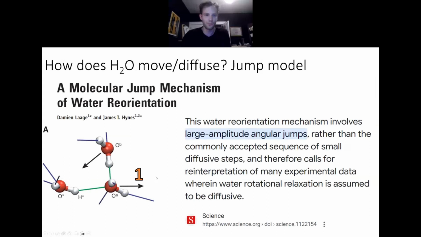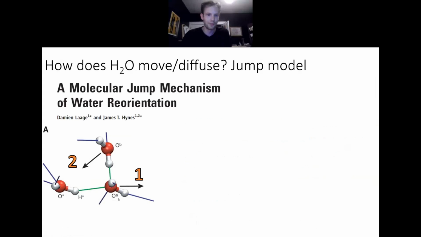So if this molecule, or water molecule OA, is trying to diffuse to the right, then the mechanism that they pose is that the first thing that needs to happen is that this other water molecule above it, OB, needs to form a hydrogen bond to take this hydrogen bond's place.